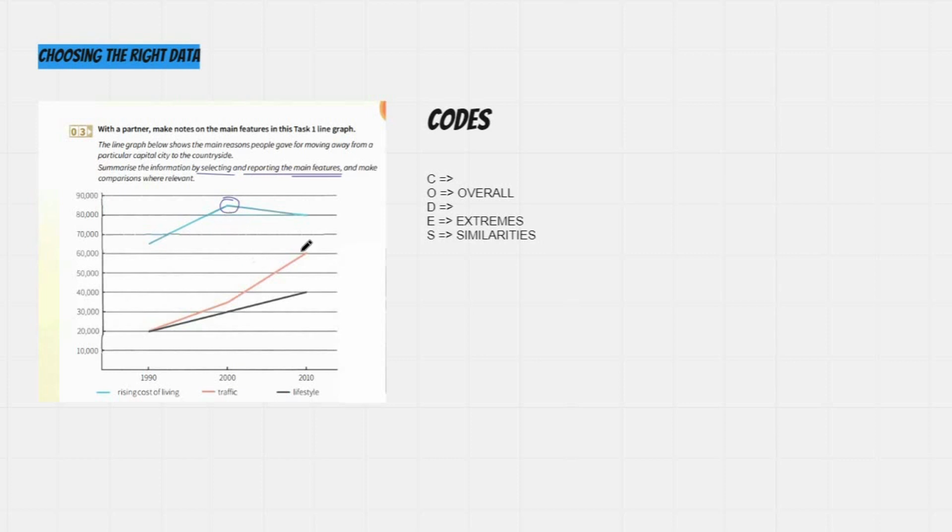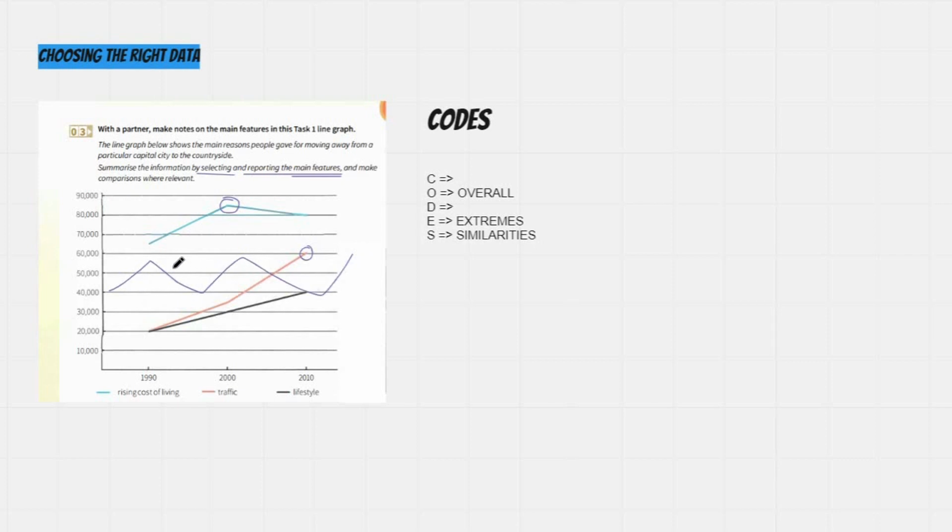Now, what else we could include? This is a very interesting extreme, because this is the highest point for the number of people who moved away because of traffic. Same thing with graphs that might look like this.